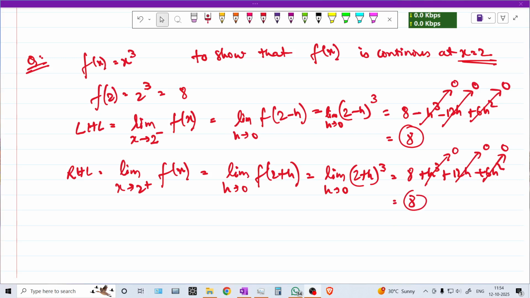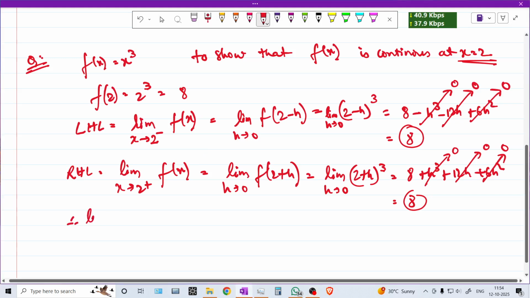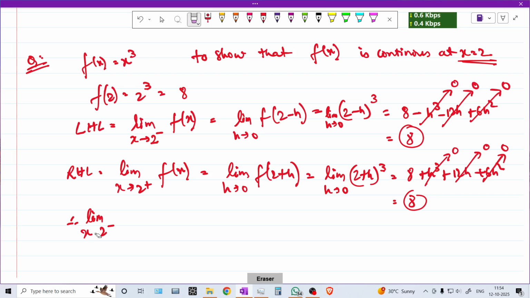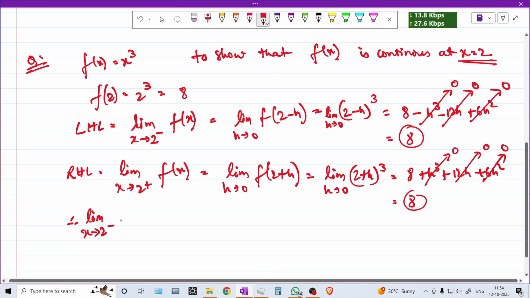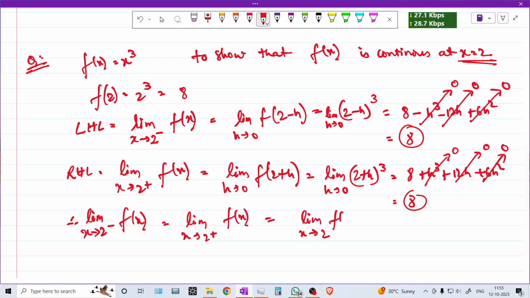So we can see that the left hand limit and right hand limit are both equal. Therefore, limit x tends to 2 minus f(x) is equal to limit x tends to 2 plus f(x) is equal to limit x tends to 2 of f(x).